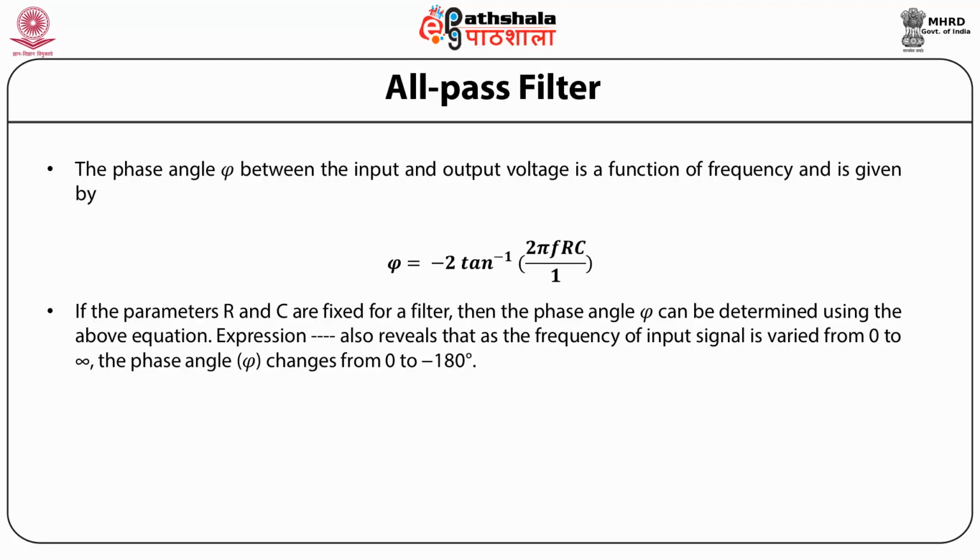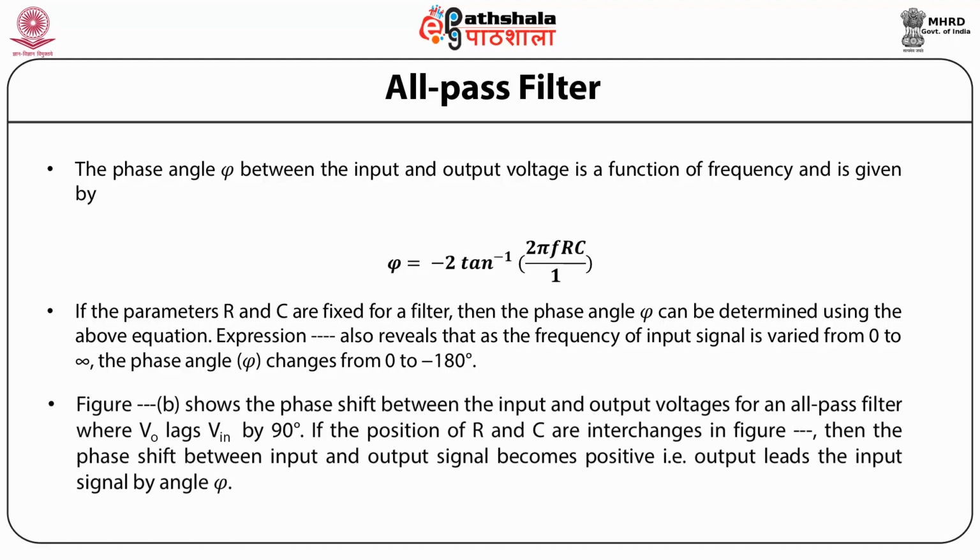If the parameters R and C are fixed for a filter, then the phase angle phi can be determined using the above equation. The expression also reveals that as the frequency of the input signal is varied from 0 to infinity, the phase angle phi changes from 0 to minus 180 degrees.